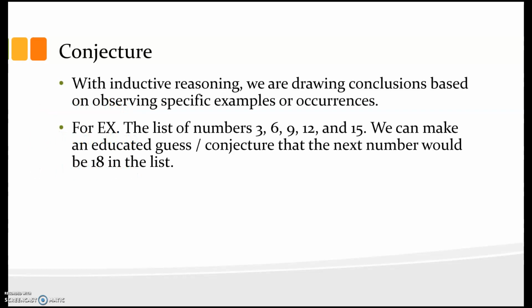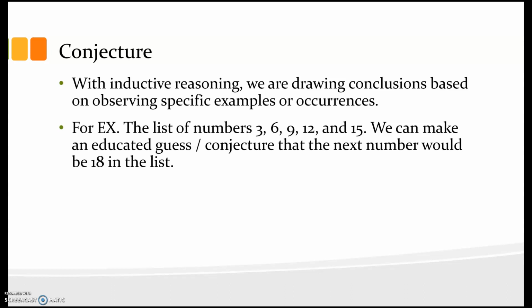All right, so now let's talk about conjectures. With inductive reasoning, we are drawing conclusions based on observing specific examples or occurrences. For example, with the list of numbers 3, 6, 9, 12, and 15, we can make an educated guess, or conjecture, that the next number in the list would be 18.